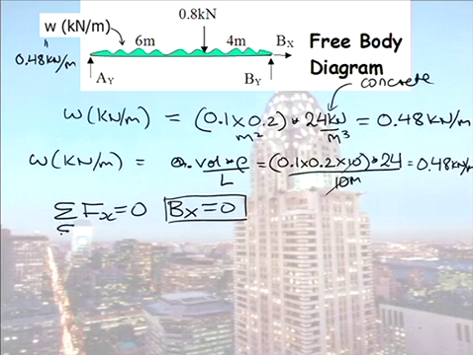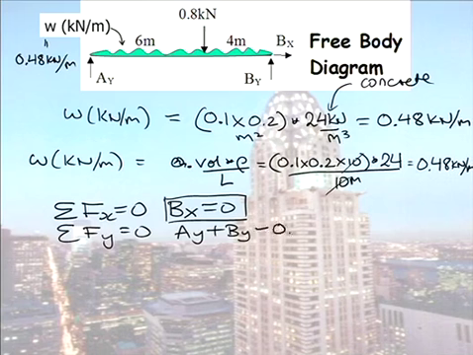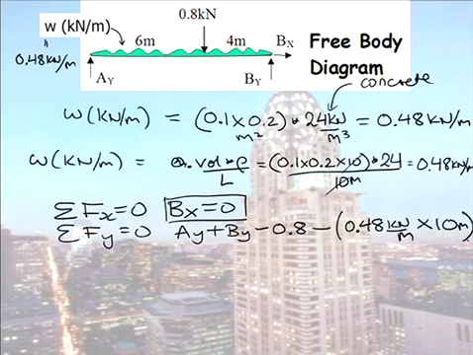Now we go to the y direction. So we have our 2 upward reactive forces, AY, BY. We take away our point load, and now we take away the total uniformly distributed load, 0.48 kilonewtons per metre, and it's acting over 10 metres. So there is a downwards force here.